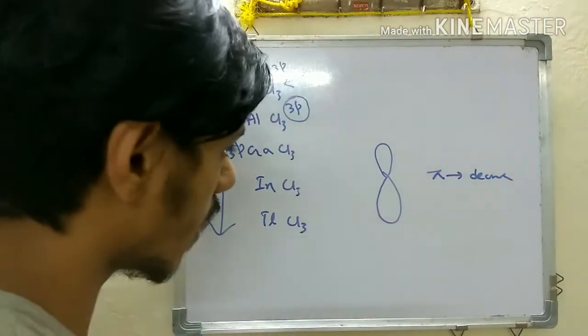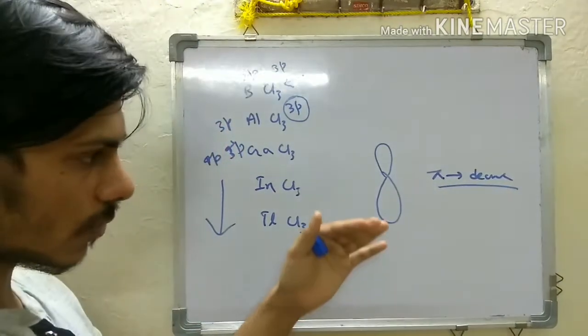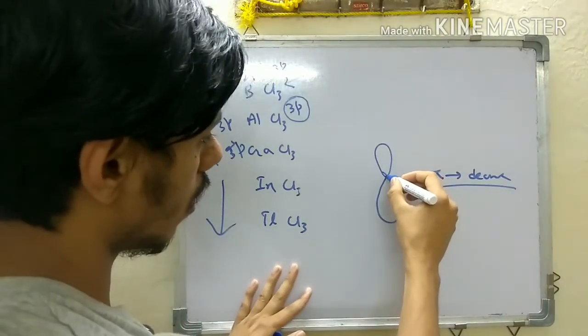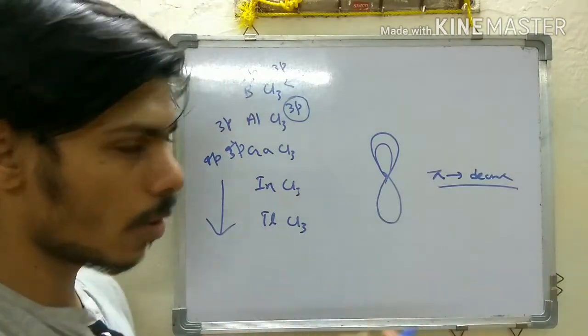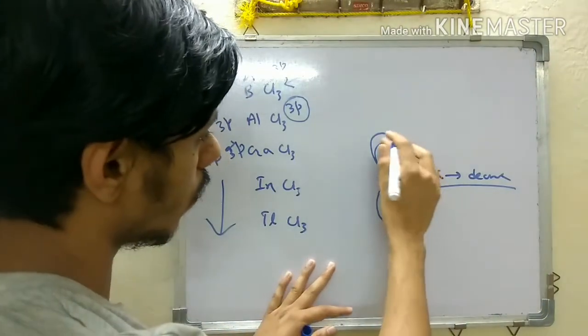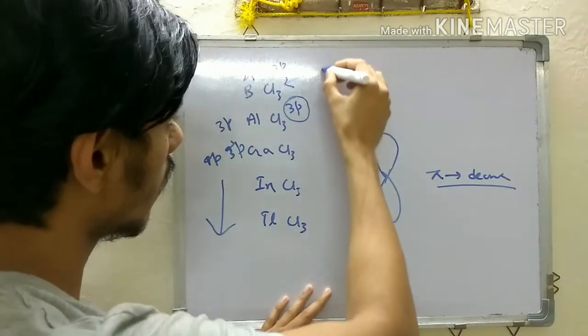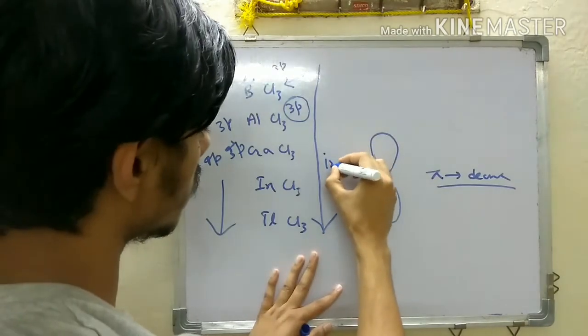What is the consequence of that? The decrease in pi contribution means your p orbital is more available for accommodating the electron pair donated by the base. So this p orbital can accept an electron pair from the base, and that's why the acidity will increase along the series.